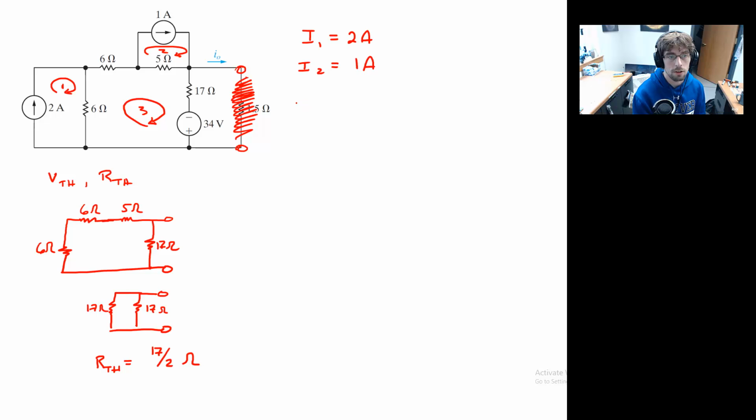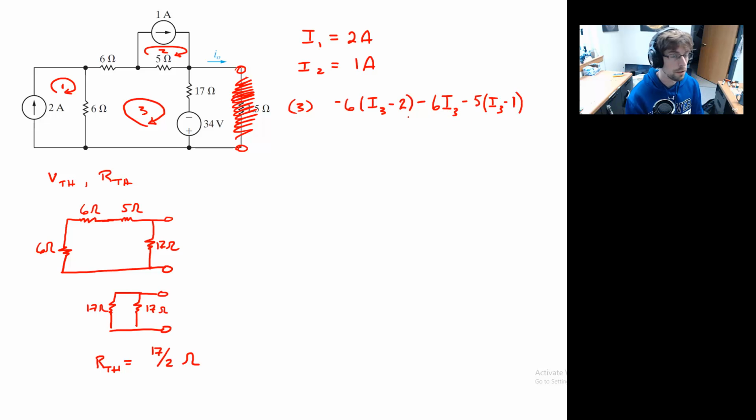And my mesh current 3, it looks like, going clockwise, I have negative 6 I3 minus 1, minus 6 I3, minus 5 I3, minus 2. Oh, excuse me, I've got my mesh currents mixed up here. I1 is 2, and I2 is 1.